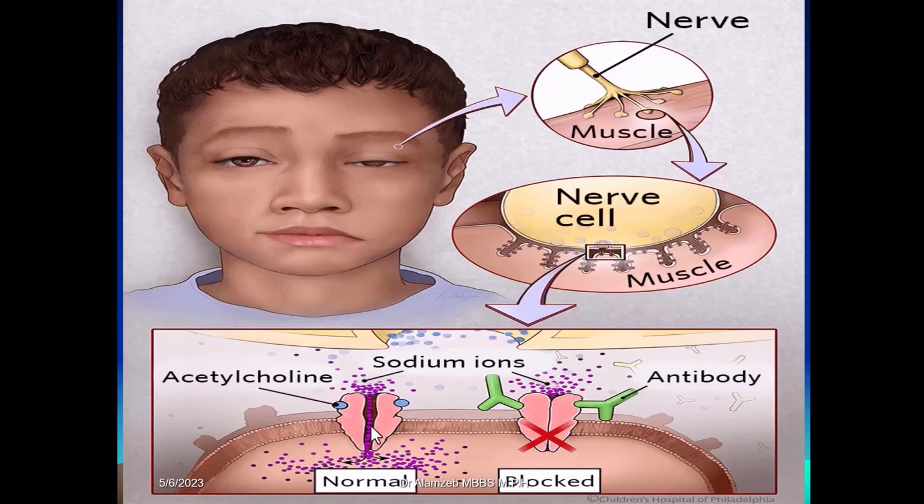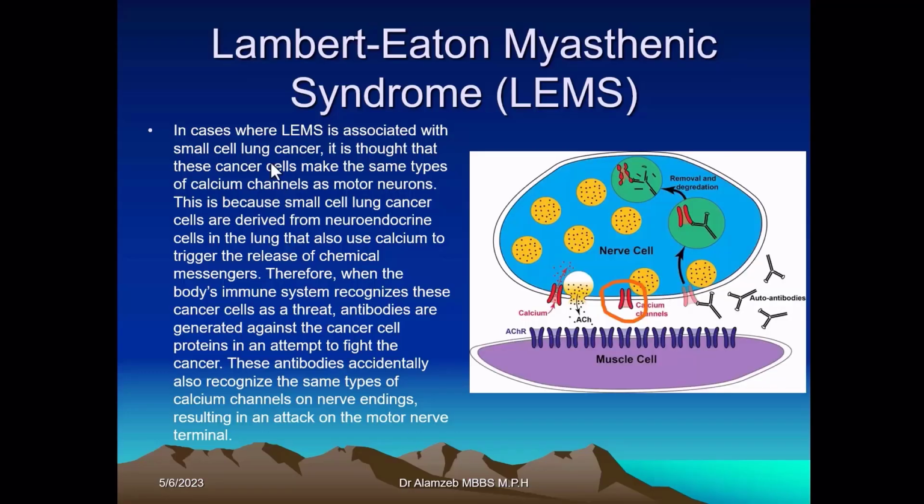Here you can see a normal receptor, and here acetylcholine has rushed to the muscle fiber. But here the receptor is damaged by the antibody, so the acetylcholine cannot pass to the muscle and cannot produce an action potential.